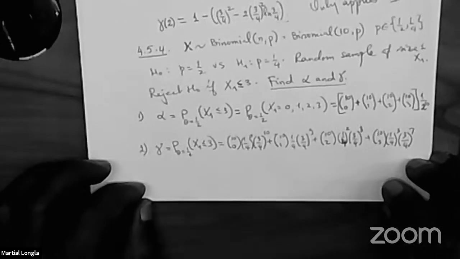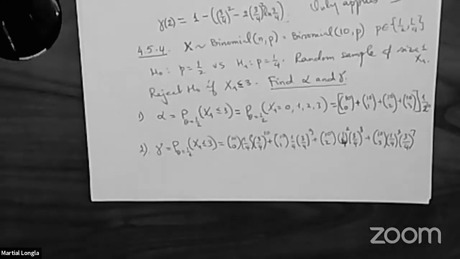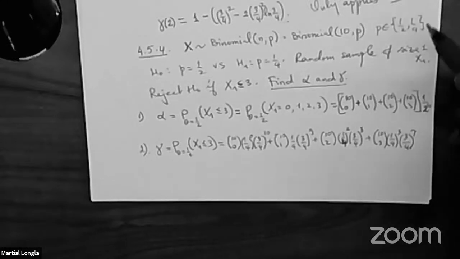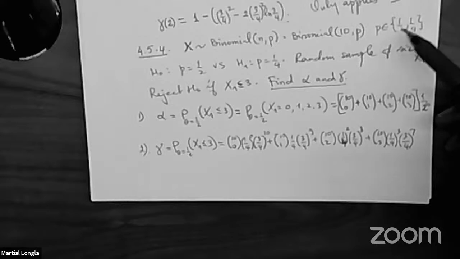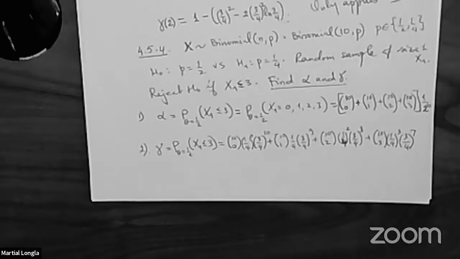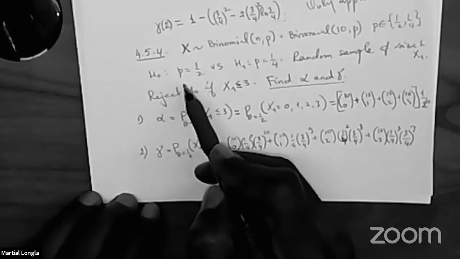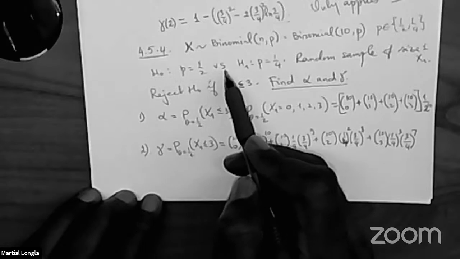Now the other problem of the same kind, now a binomial(n, p), and p is possibly 1/2 or 1/4. So that's the set capital Omega. And the null hypothesis is to test p equals 1/2 versus H1: p equals 1/4.